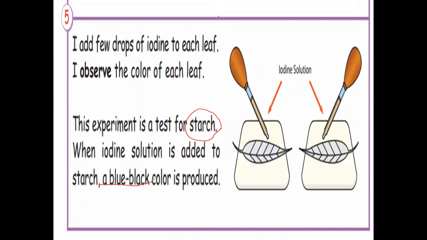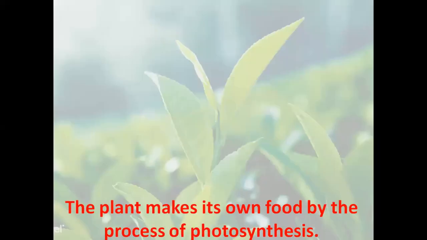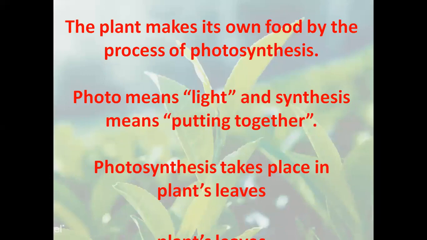However, if there is no starch, no dark blue color will be obtained; we have brown, yellow, or orange color. This is the iodine test. If we have starch, the plant is undergoing photosynthesis. No starch, no photosynthesis.